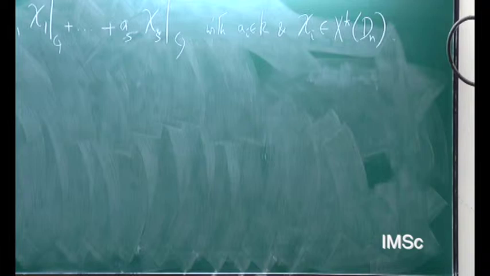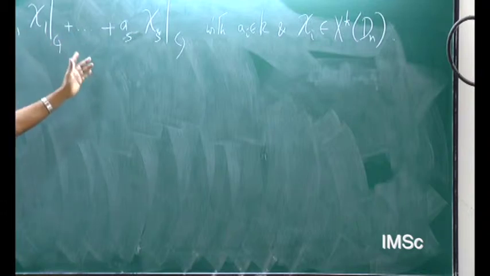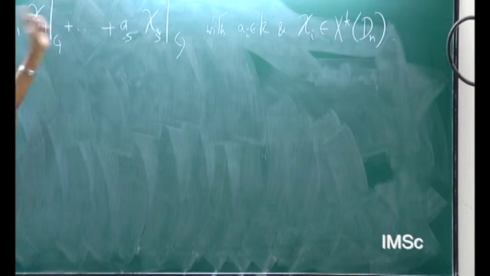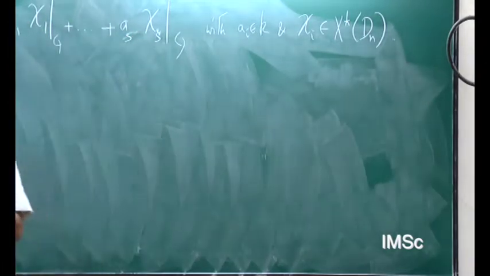So what does this mean? If you were able to write this, you would get a non-trivial relation. The only way this can be is if chi is the restriction of a character, by Dedekind. Therefore this cannot be unless chi is equal to one of them. If chi were distinct from all of these, you would get a contradiction by Dedekind.